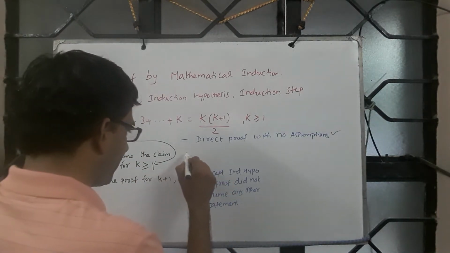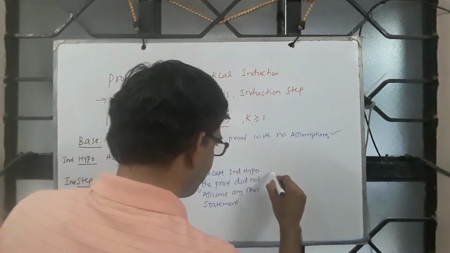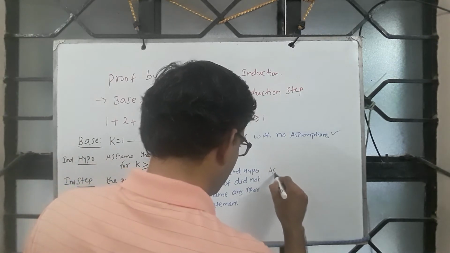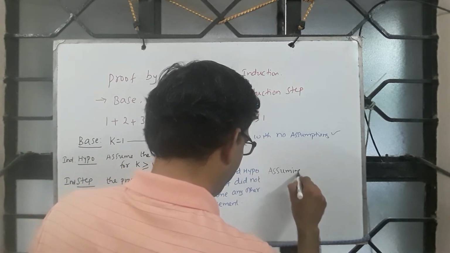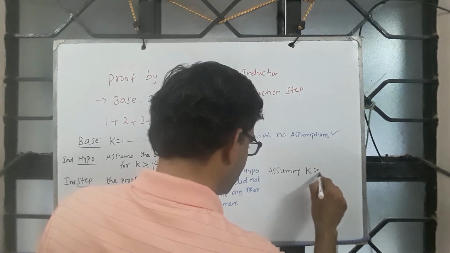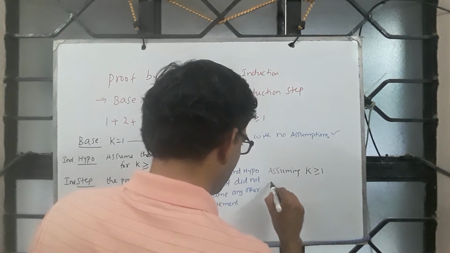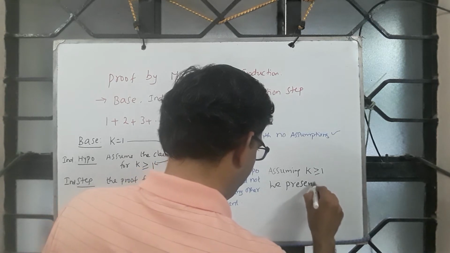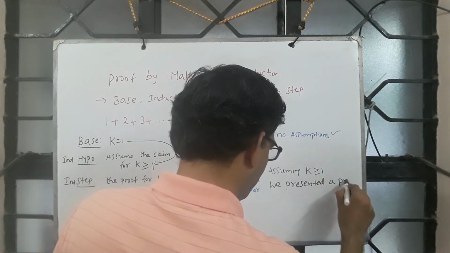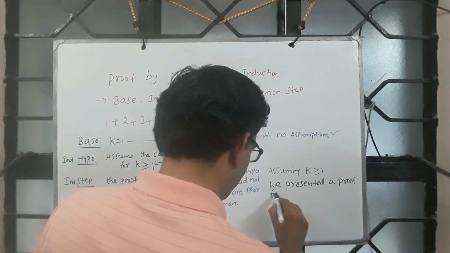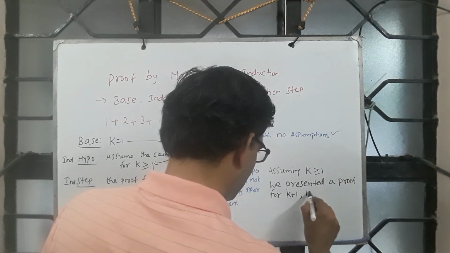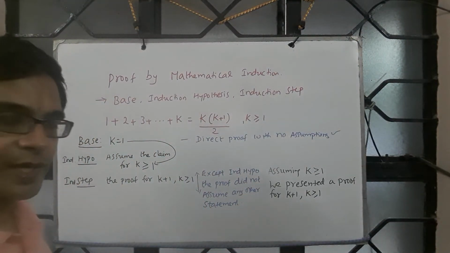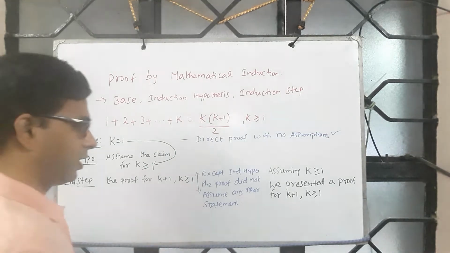Now, put in other words, what is it that we did? Assuming k is at least 1, we presented a proof for k plus 1 where k is at least 1. Correct? Now listen.